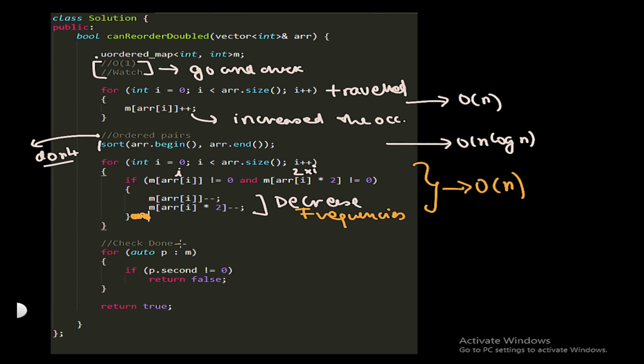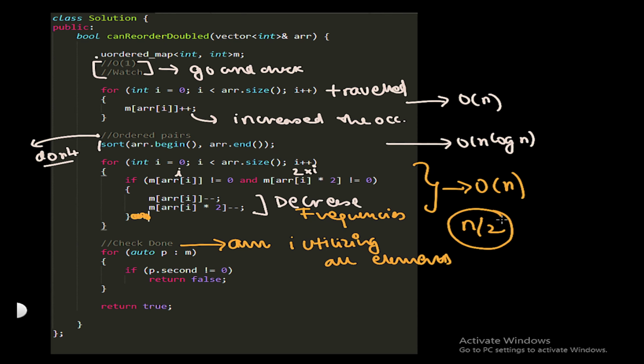Then I check, am I utilizing all the elements? Because I want to make n by 2 pairs, and it won't be possible if I'm not utilizing all the things. So I check for every pair.